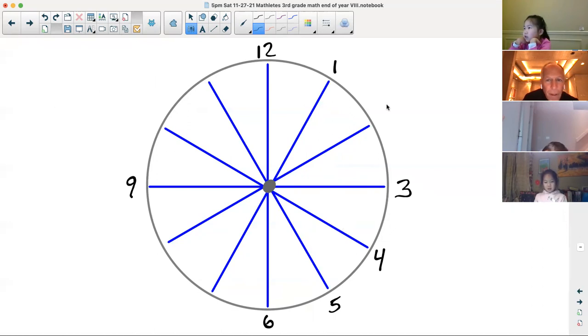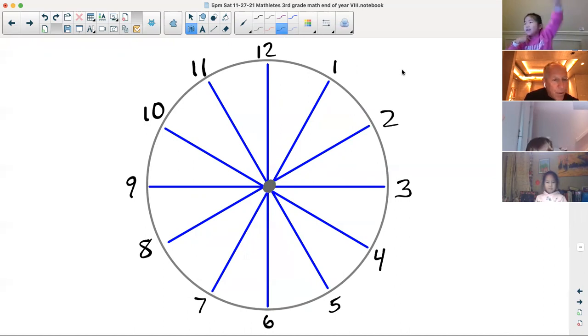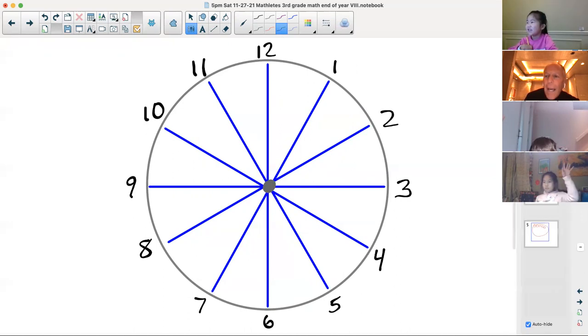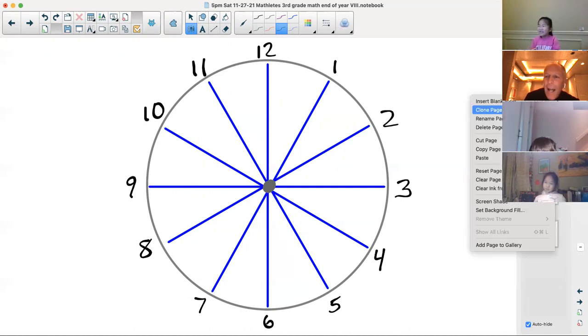And now we can fill in all the missing pieces. And what does this resemble to you? What does resemble mean? What does it look like? What is it similar to? Go ahead, Eleanor. A clock. Right. This is a clock.